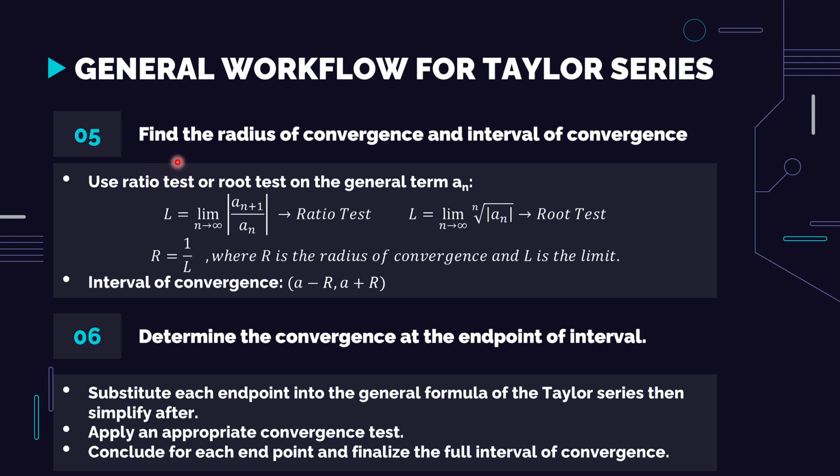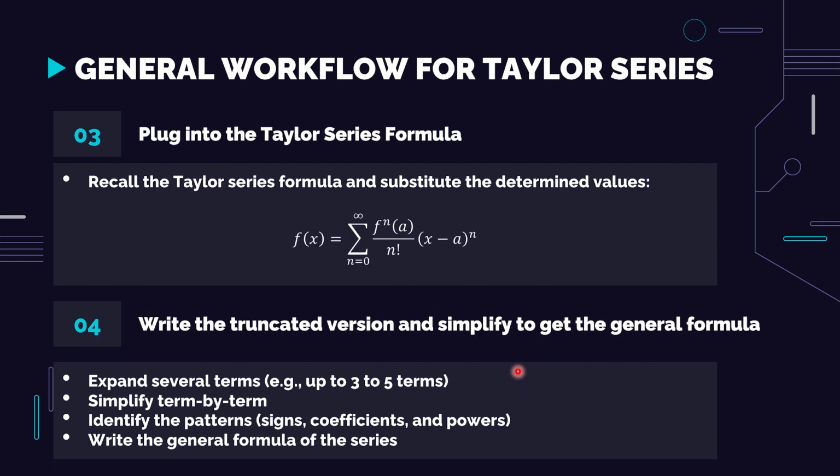Next, number 5. From step number 4, you already have the Taylor series, the general formula. If you've been asked to get the general formula for the Taylor series, you simply apply those first 4 steps.